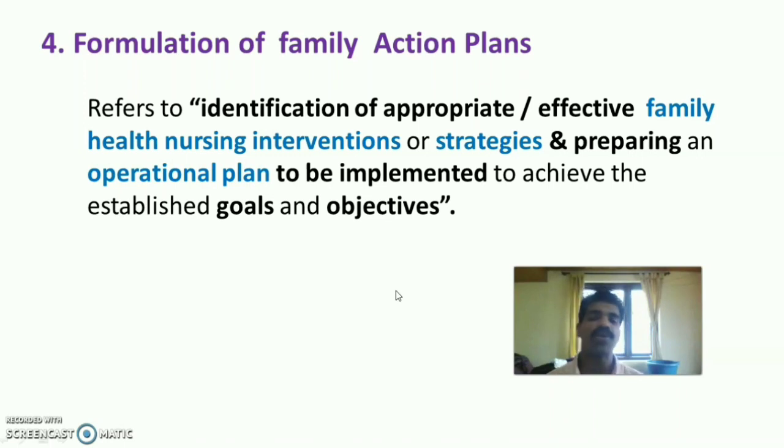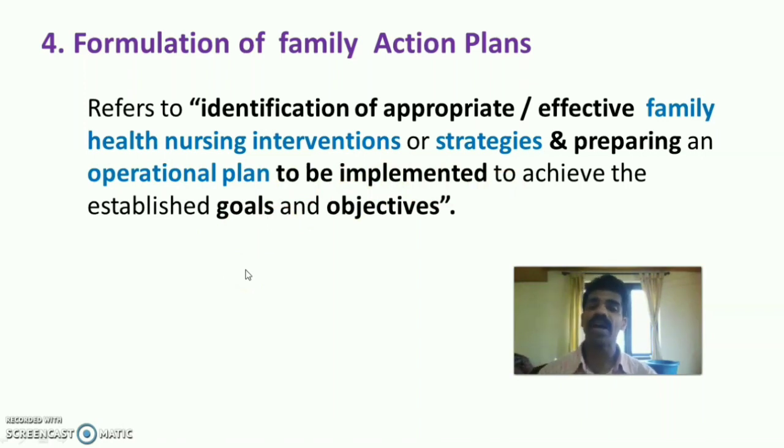We have already set goals and objectives for the particular nursing diagnosis. So that is family health nursing services, and preparing an operational plan, a working plan with the nursing care plan, to be implemented to achieve the established goals and objectives we have already set.